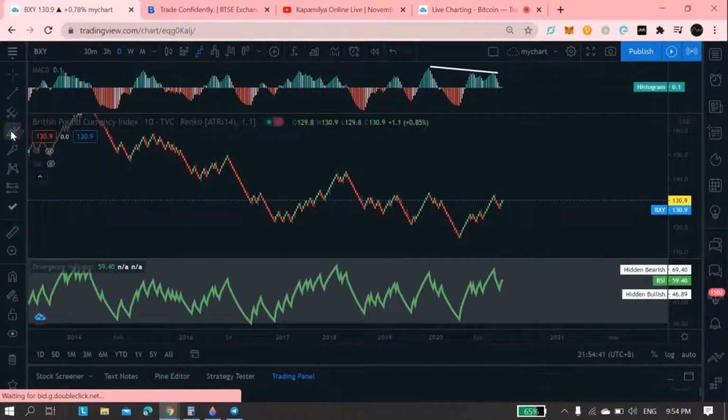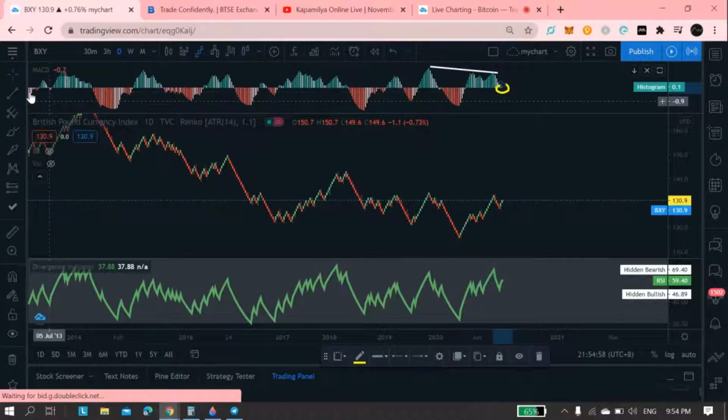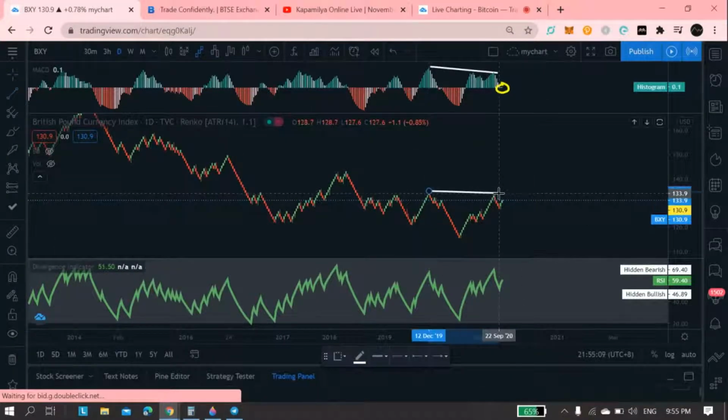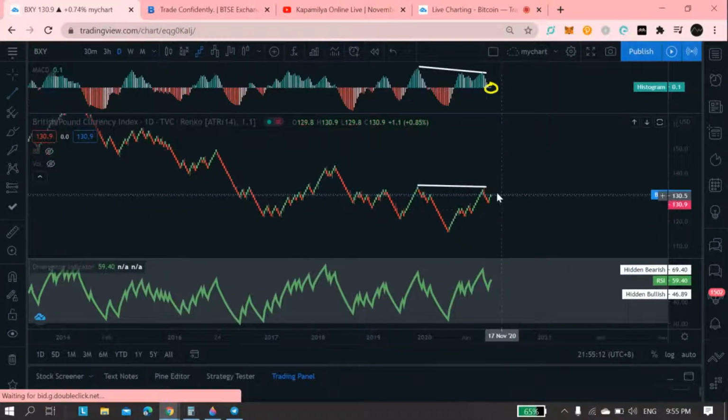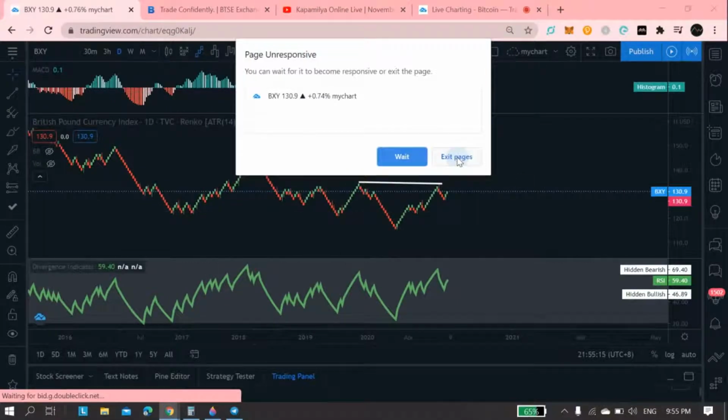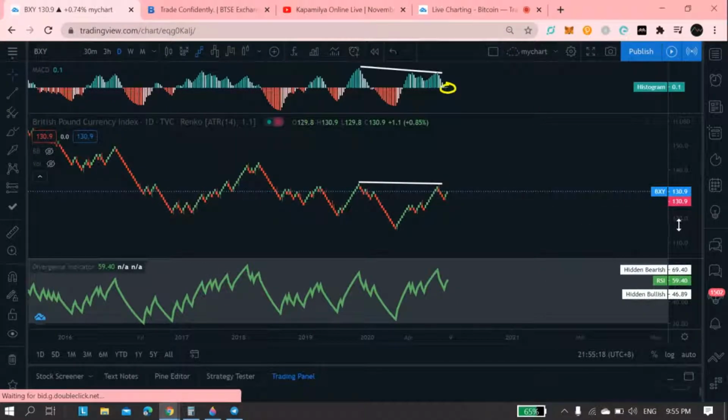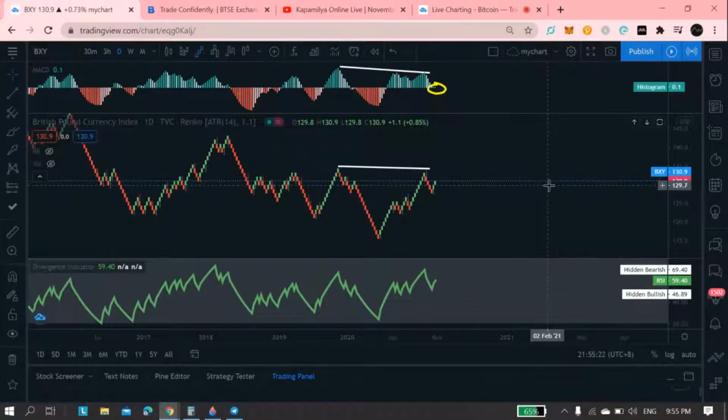So if you look at it, it's just a little small green histogram, so next it might possibly create a red histogram. So it's actually going down, and this one is also the same, going down. So this is not a divergence, but rather a convergence. Oh, what's that? Unresponsive. It's actually possible red.